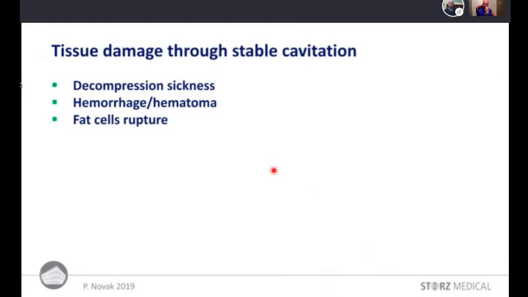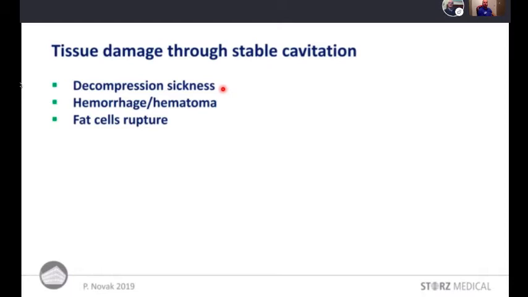So this stable cavitation can, of course, cause damage. One example with no relation to shock waves is decompression sickness, or diver sickness. When the diver comes too fast out of great depth, he has a lot of nitrogen dissolved in his blood, which basically gasses out.